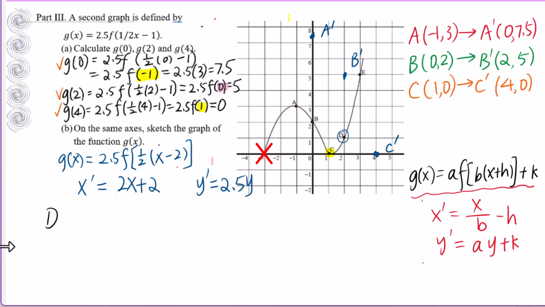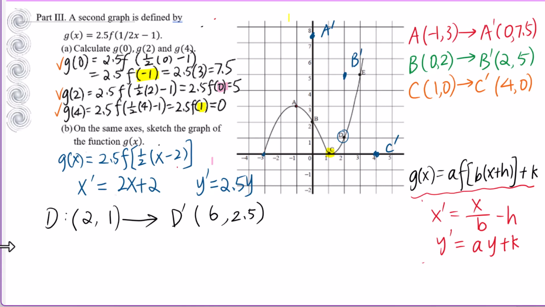For point D, 2, 1 will be transformed to D prime. 2 times 2 plus 2 is 6. 2.5 times 1 is 2.5.